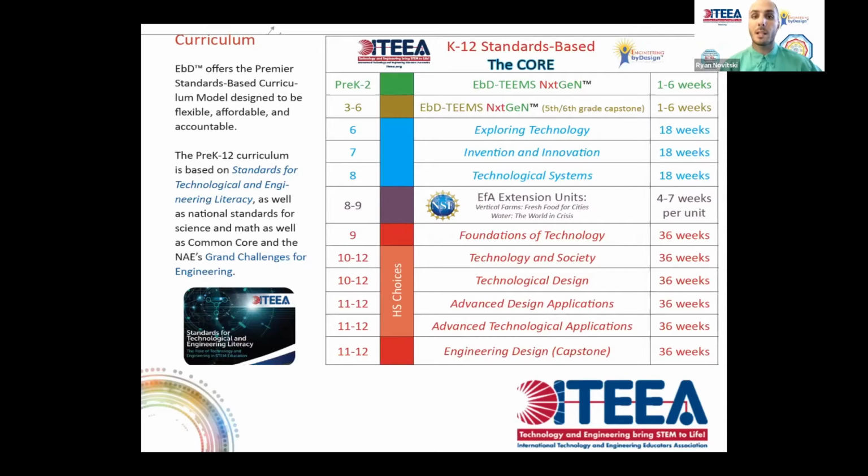But if you don't take technological systems, for instance, that isn't to say you can't be successful in foundations of technology. They don't build directly on one another. We build skill sets within each individual grade level that we know the students are capable of accomplishing, because our content is equitable, achievable, and reachable for all.